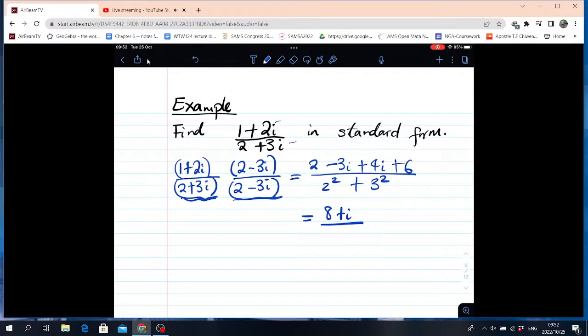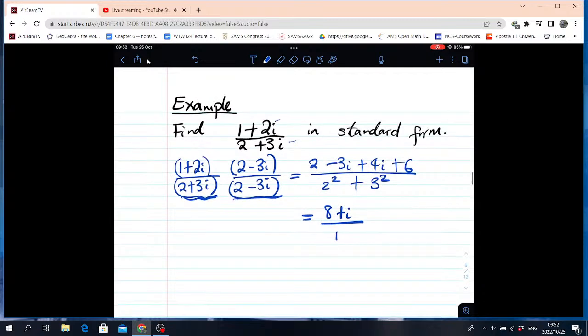And then at the bottom, we've got 2 squared plus 3 squared, so 4 plus 9, we get 13. To write it in standard form, since the question specifically wants it in standard form, this is 8 over 13, that's the real part, plus i over 13, or 1 over 13 i, whichever you prefer. That is what we have.